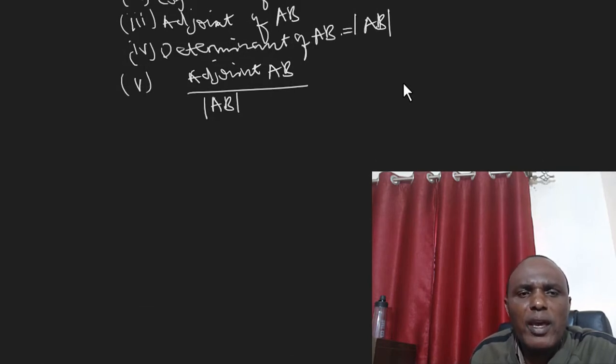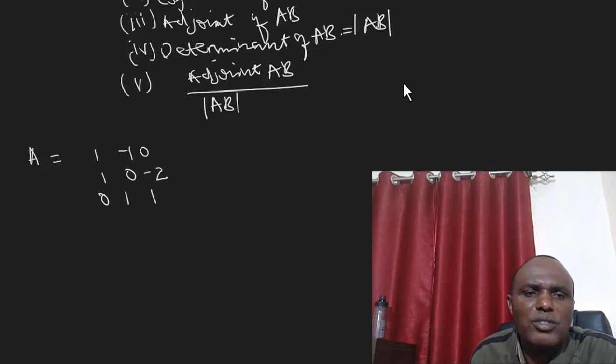So matrix A is equal to 1, -1, 0, then 1, 0, -2, then 0, 1, 1.